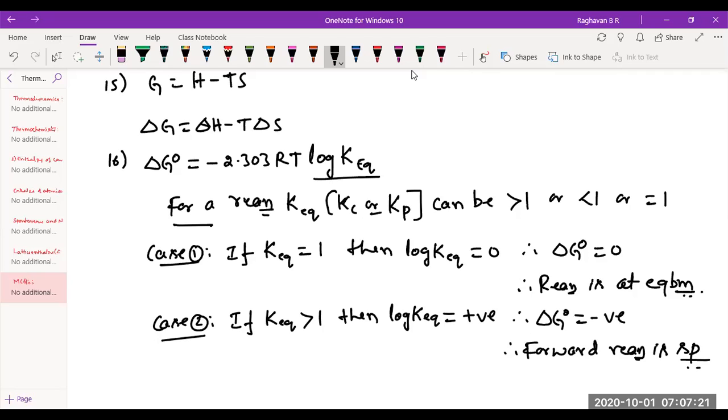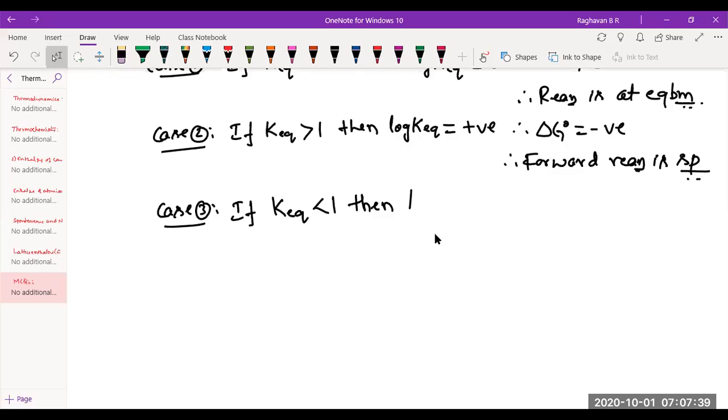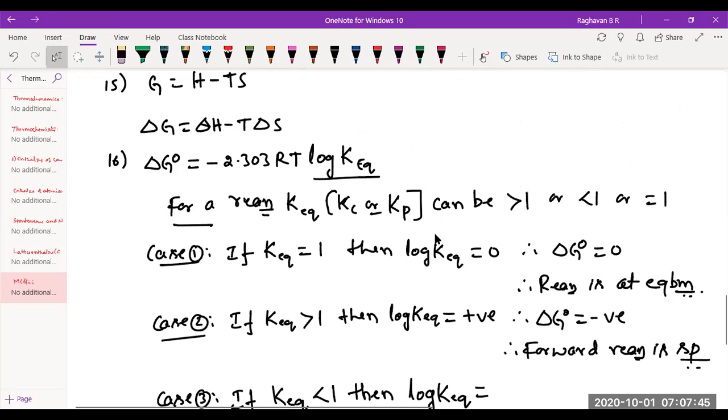Similarly, when you take case 3, if in a reversible reaction K equilibrium is less than 1, then log K equilibrium, any log value of a number less than 1, will be negative.